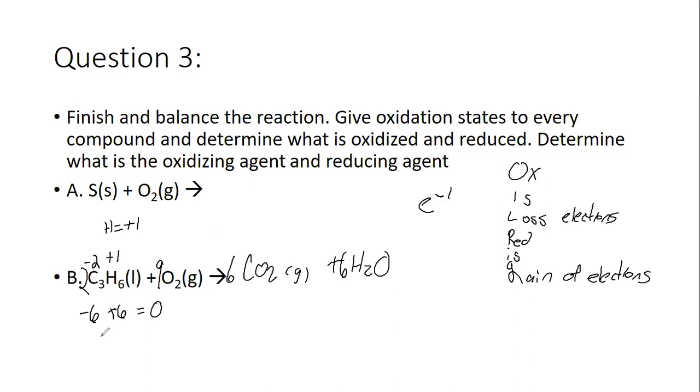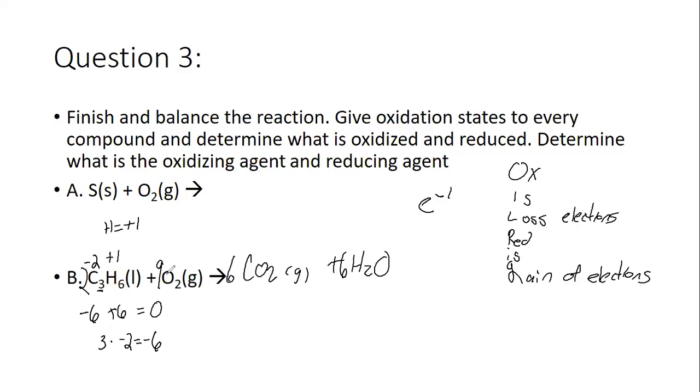The math I was doing there is I have 3 carbons, and I'm asking myself 3 times what equals -6? Well, 3 times -2 equals -6. So my 3 is coming from C3 right there. And so carbon has an oxidation number of -2.